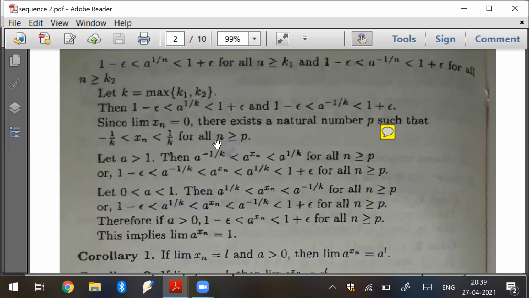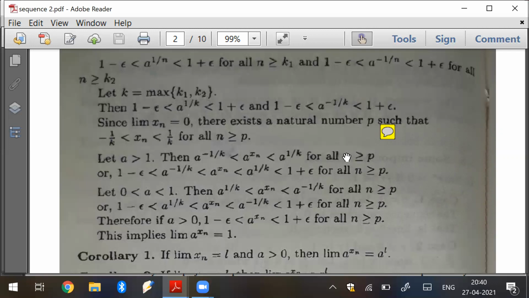So once I am getting these two things, a to the power minus 1 by k is greater than 1 minus epsilon, so I will use it here. And again, a to the power 1 by k is less than 1 plus epsilon, so I will use it here. So one part of this relation and another part of this relation is used here. As a result, you are getting this thing, and this is holding true again for all n greater than or equal to p because of this one.